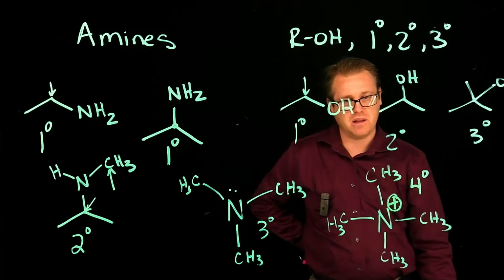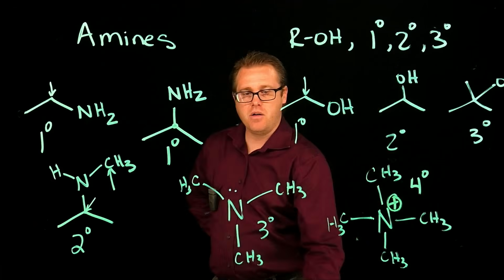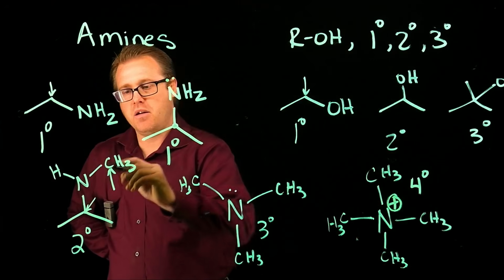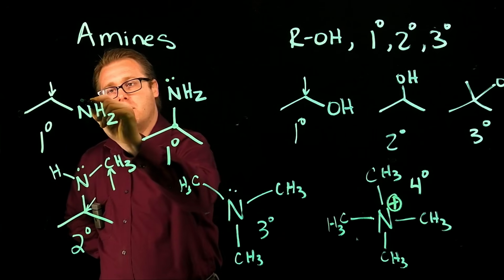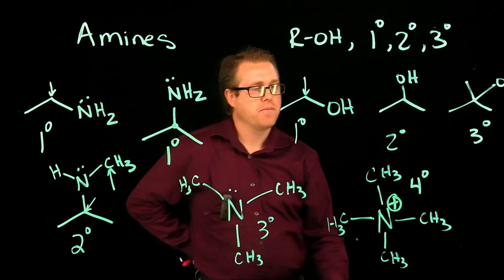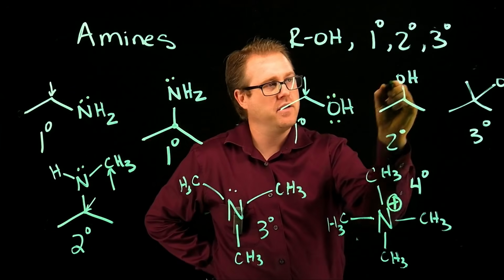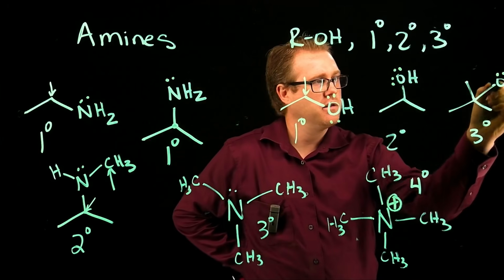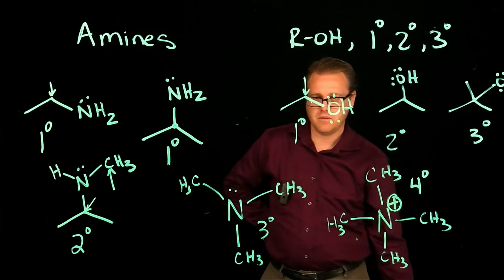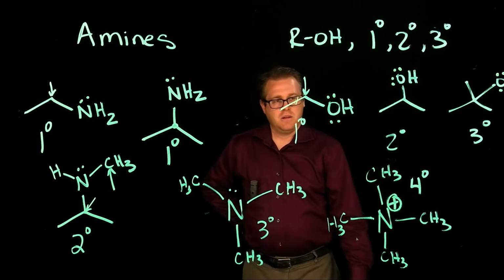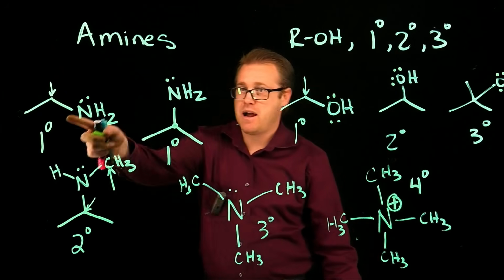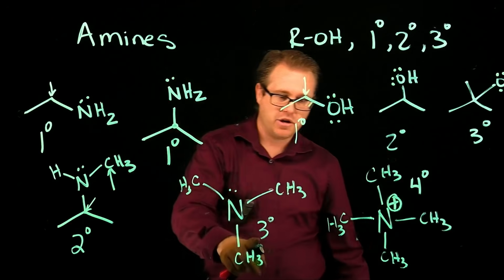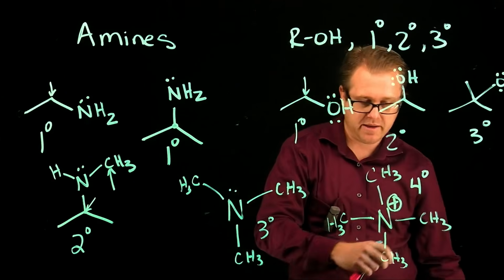Now when an amine has 4 bonds and no lone pairs, this guy is going to have a formal charge of a +1. All these amines right here all have a lone pair, like so. And these oxygens have 2 lone pairs. So we have primary amines, secondary, tertiary, and quaternary amines.